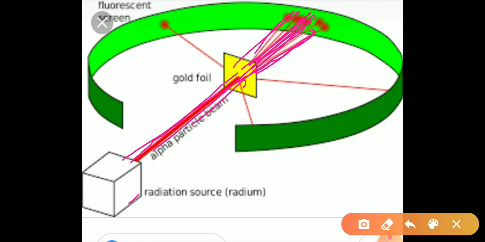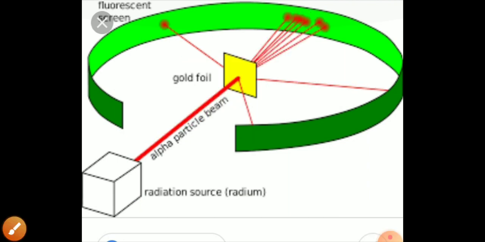Some alpha particles deflected with a small angle, but some alpha particles got deflected with large angles.